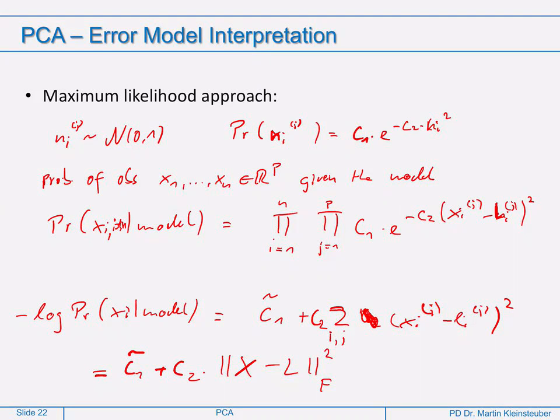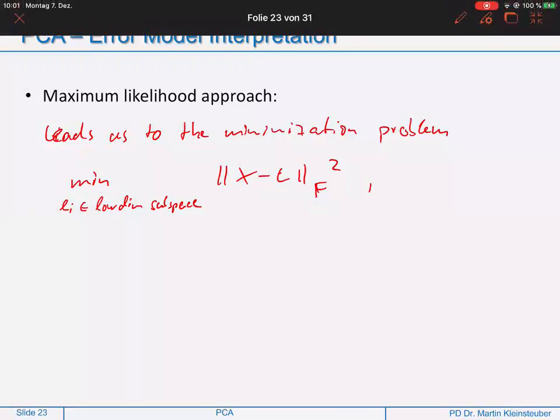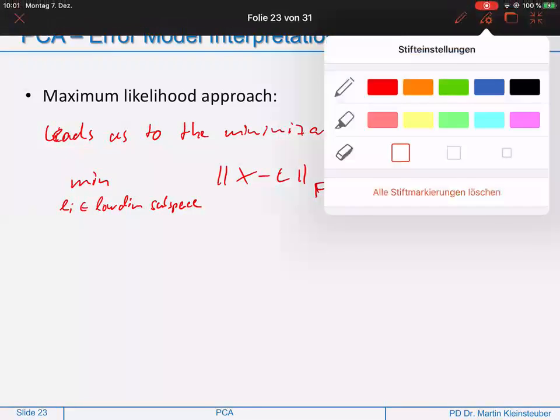Is that clear? Yes, that's clear now. Good. And that leads us to the minimization problem. We have to fix this K. This makes it clearer.